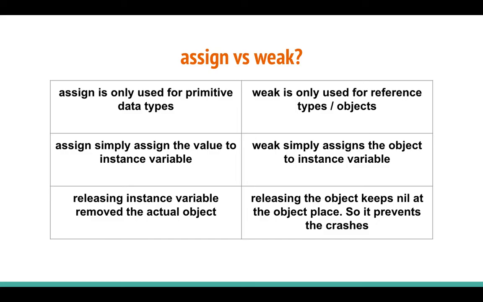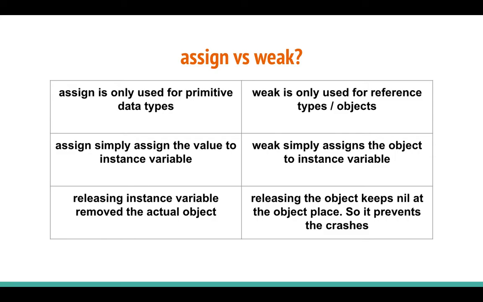Next point, assign and weak. Mainly they will ask interview questions like what assign and weak mean. Assign is used only for primitive data types, but weak is used for reference types and objects. Assign simply assigns the value to the instance variable, and weak simply assigns the object to the instance variable.